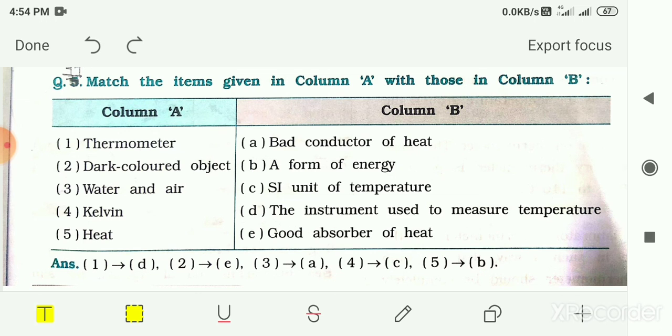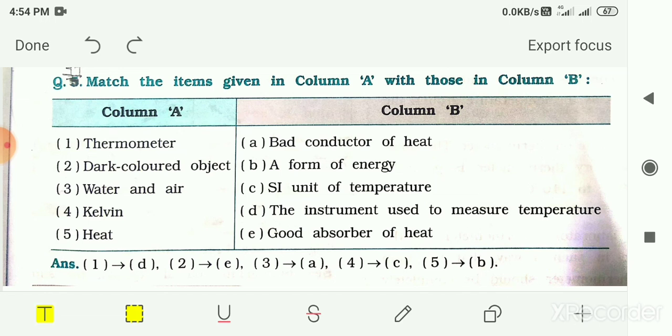And in solid objects, generally, the heat is transferred by conduction. And in liquids and gases, the heat is transferred by convection, and no medium is required for the transfer of heat by radiation. Then we had seen the materials which allow heat to pass through them easily.